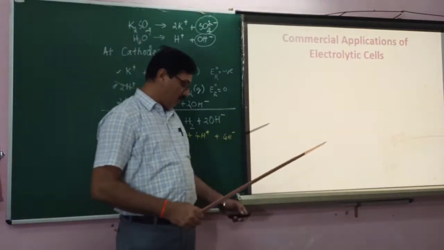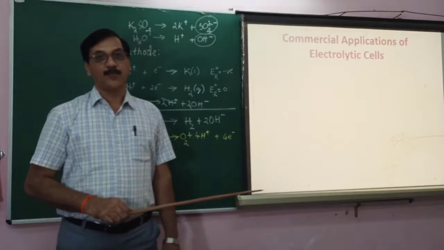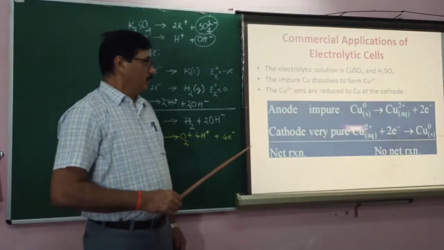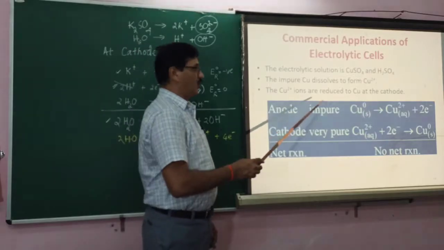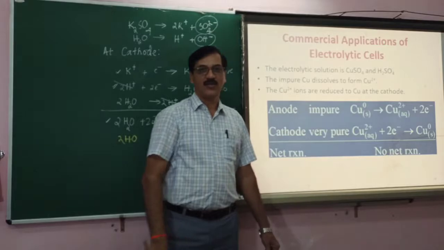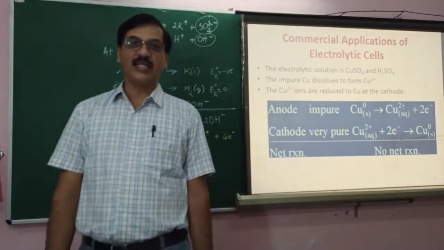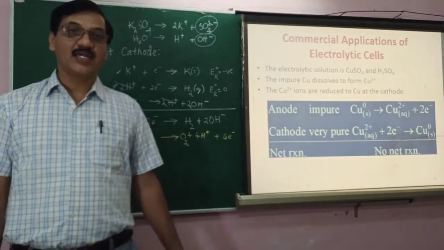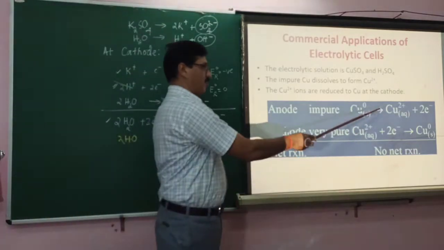So this is how you will find the product of electrolysis. At the anode, copper is undergoing oxidation, therefore it becomes thinner and thinner by the loss of copper metal atoms, which are converted into copper ions.